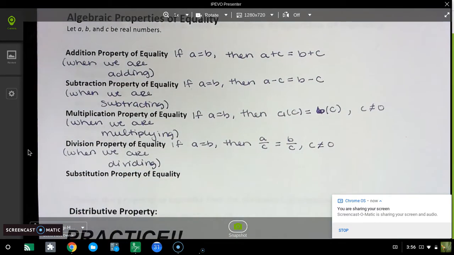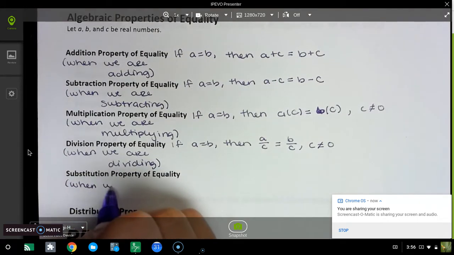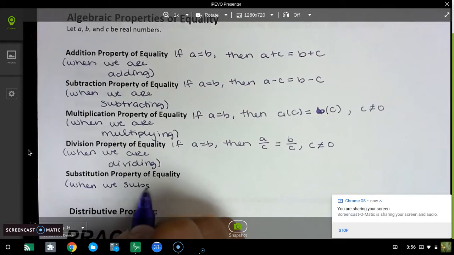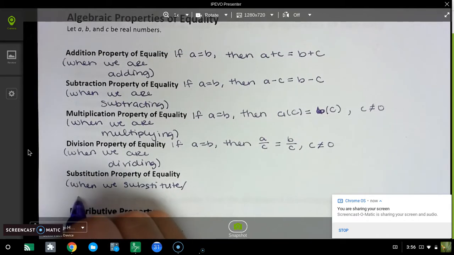Okay, cool. Substitution property of equality. This is when we substitute. We're struggling with how to spell there. Or plug in.